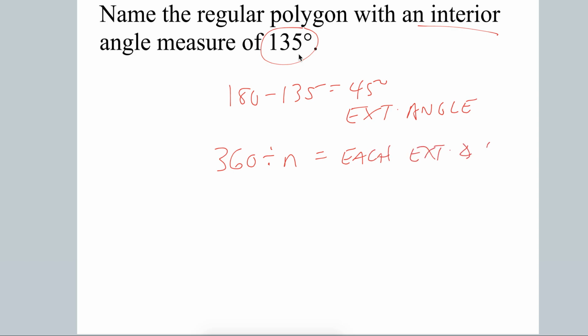So then if we do the reverse, if we do 360 divided by 45, that would give us the number of sides for the polygon. So 360 divided by 45, we get 8. So that's the number of sides. So an 8-sided polygon would be an octagon.